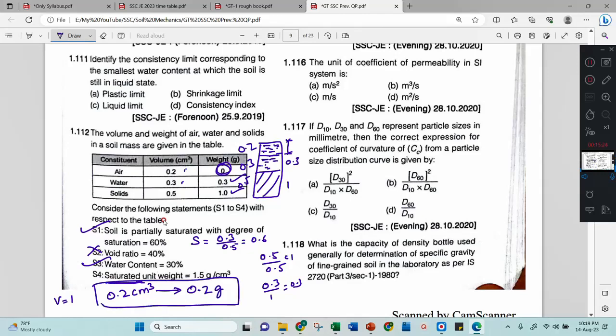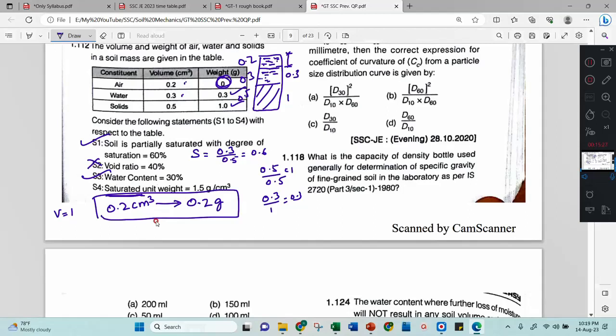Why? Now tell me, let's see. Why is it like this? 0.2 centimeter cube means 0.2 gram. Why? There are three types of people: those who understand by hints, those who understand when told, and those who don't understand even when told. Now I have given you a hint.